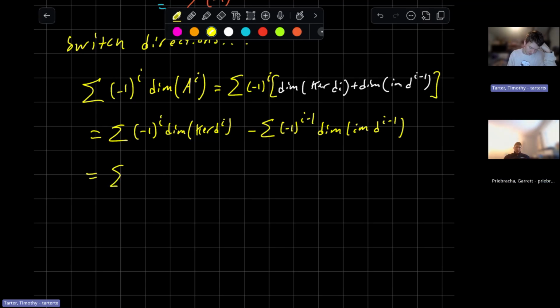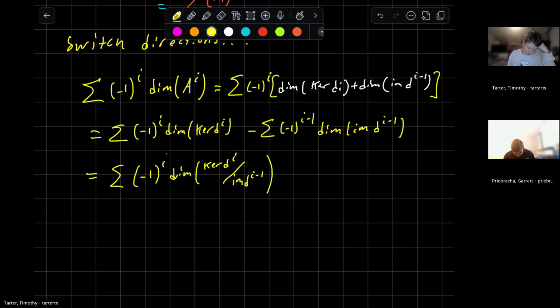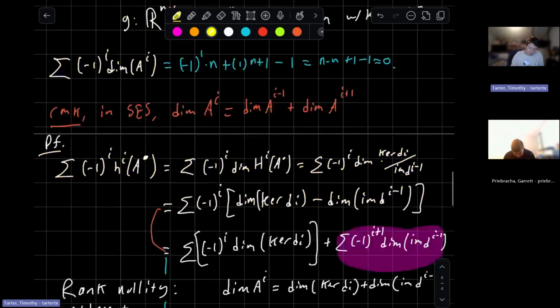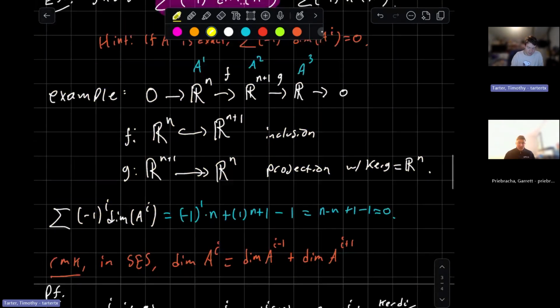It is equal to the sum of (-1)^i dim of ker d_i mod image d_{i-1}. There we go. Is equal to the sum of (-1)^i h_i(A). Boom. Okay, that's it.